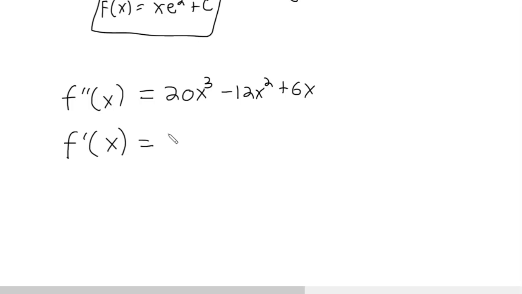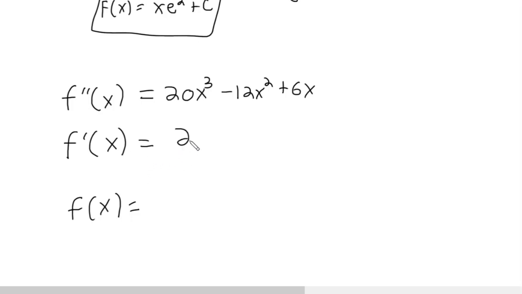So in order to go backwards, if I wanted to find f triple prime, I would take more derivatives. Fourth order derivative, I would take another one. Fifth order derivative, I would take another one. But if I want to work backwards and find f prime and eventually f, then I need to start taking antiderivatives or integrals.